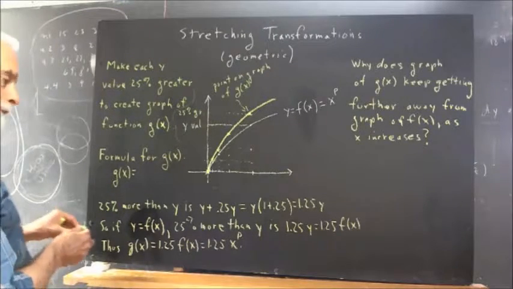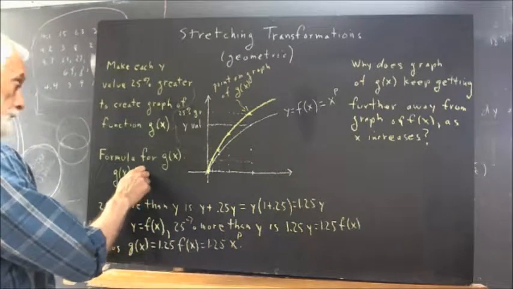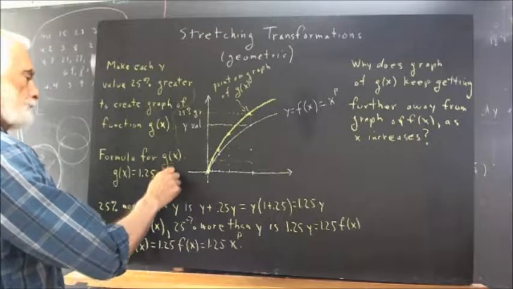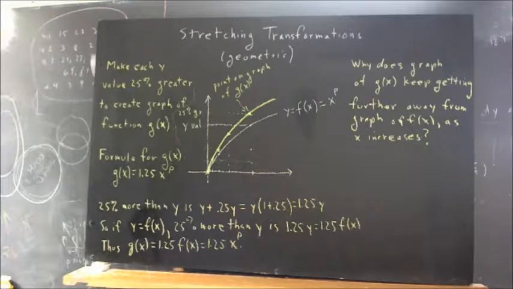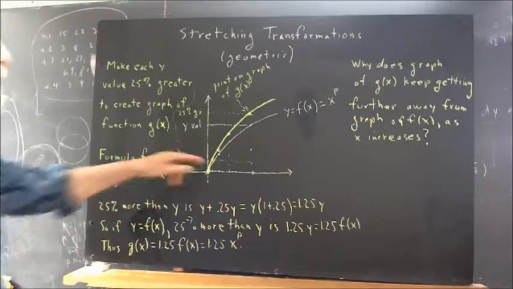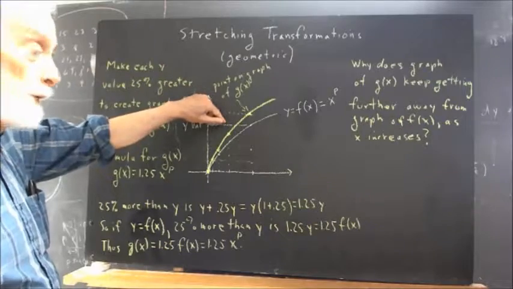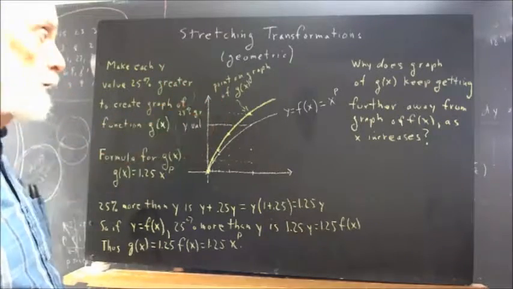So I can say then, because of this, that g of x is 1.25x to the p. Now what we've done is we've vertically stretched the graph of f of x by a factor of 1.25 to get g of x.